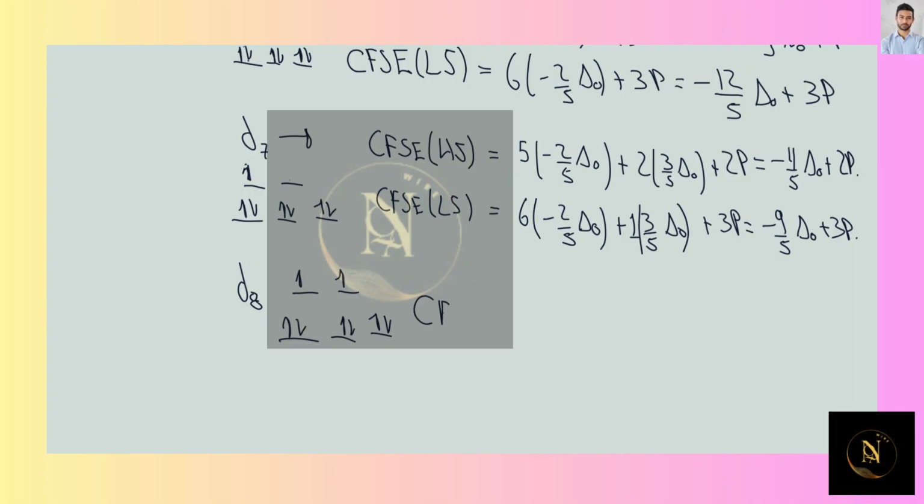So the crystal field stabilization energy for D8 would be equal to 6 times minus 2 over 5 delta naught, the energy of the lower orbitals, plus 2 times 3 over 5 delta naught, plus 3 times the pairing energy, which is going to be equal to minus 6/5 of delta naught plus 3 times P.